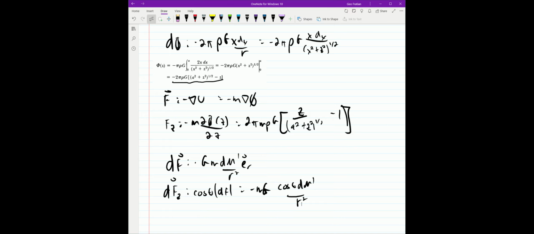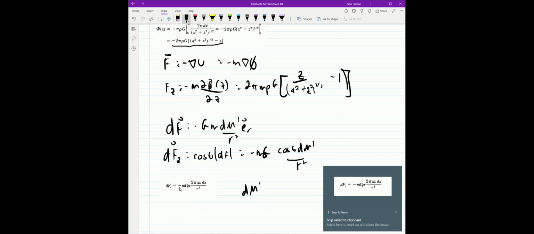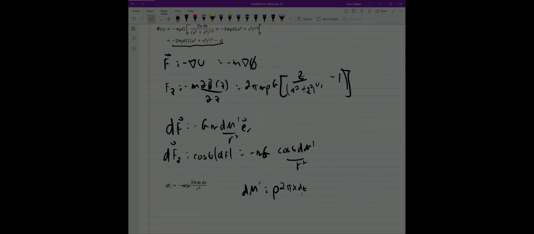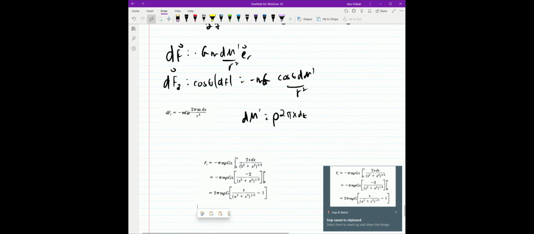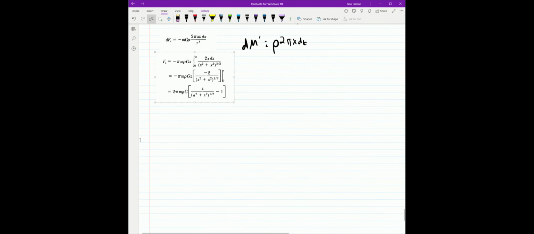So if we integrate, dm prime is equal to rho 2 pi x dx again, the same way, we can basically obtain the exact same result. And then we see that the two methods are therefore equivalent.